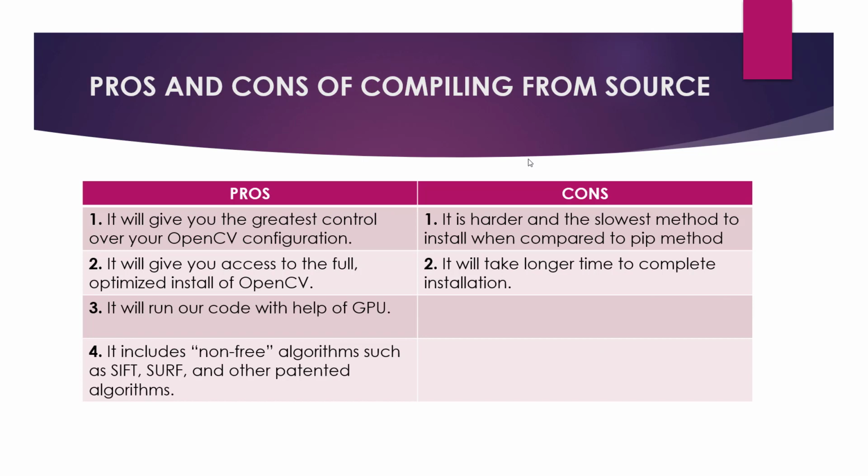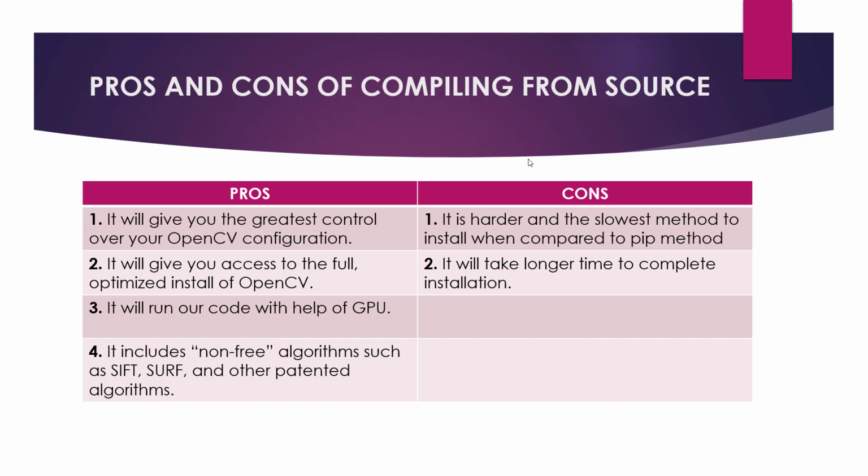Pros and cons of compiling from source. It will give you the greatest control over your OpenCV configuration. It will give you access to a full and optimized installation. It will run our code with the help of the GPU. It includes non-free algorithms and other patented algorithms.